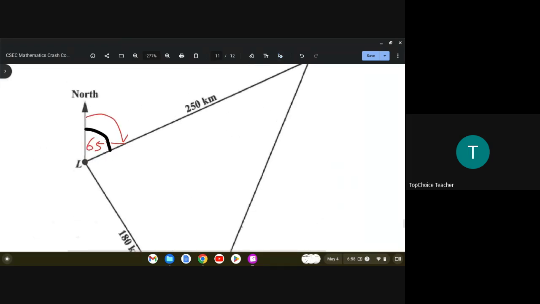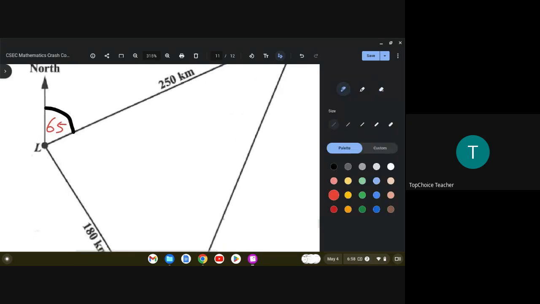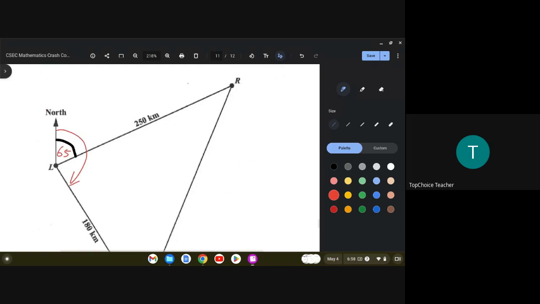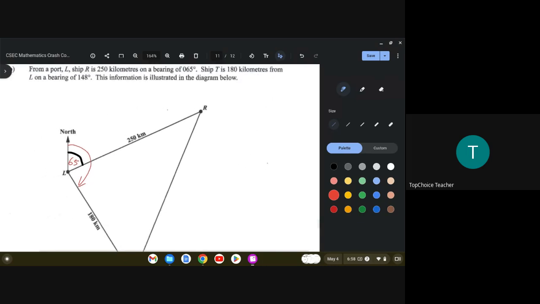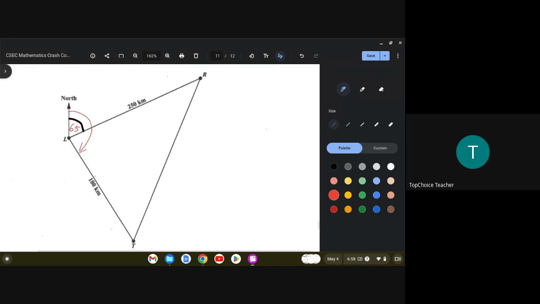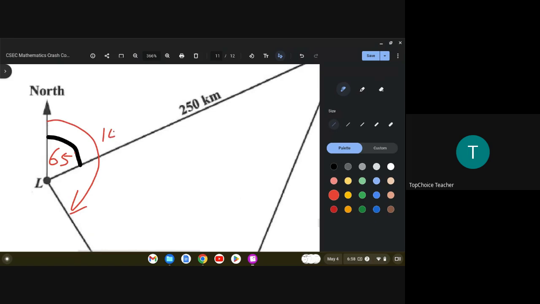That means that from the port L, we always start from the north, we always go clockwise. They told us that ship T is 180 kilometers away on a bearing of 148 degrees. So this whole angle is going to be 148 degrees.